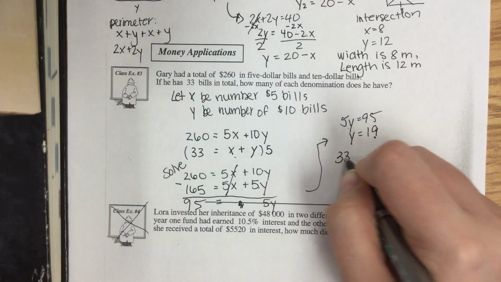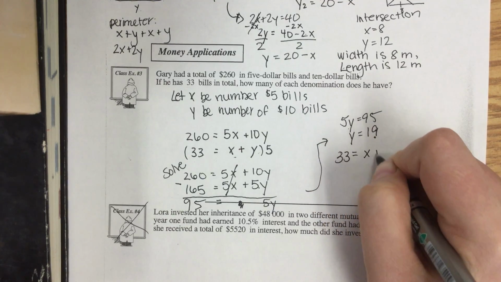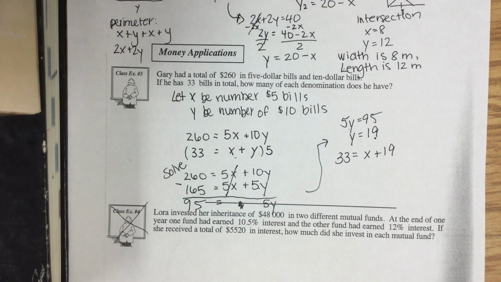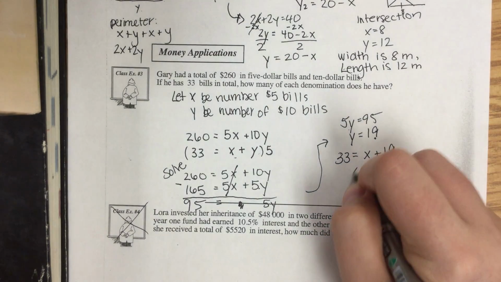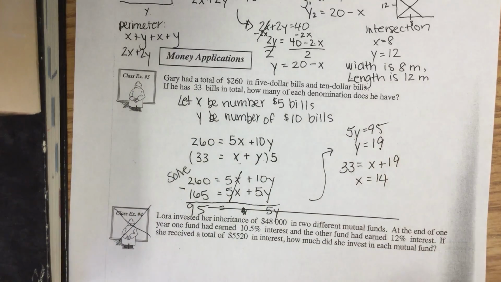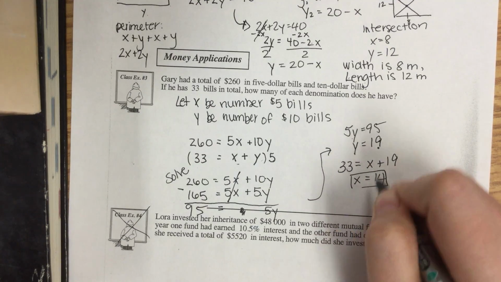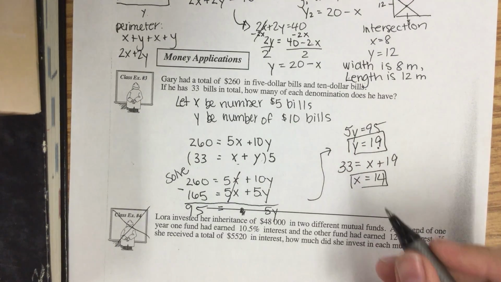I have 33 bills. 19 of them are $10 bills. So I can go 33 minus 19, and I get 14. And so x is equal to 14, y is equal to 19. That's the solution to my system.